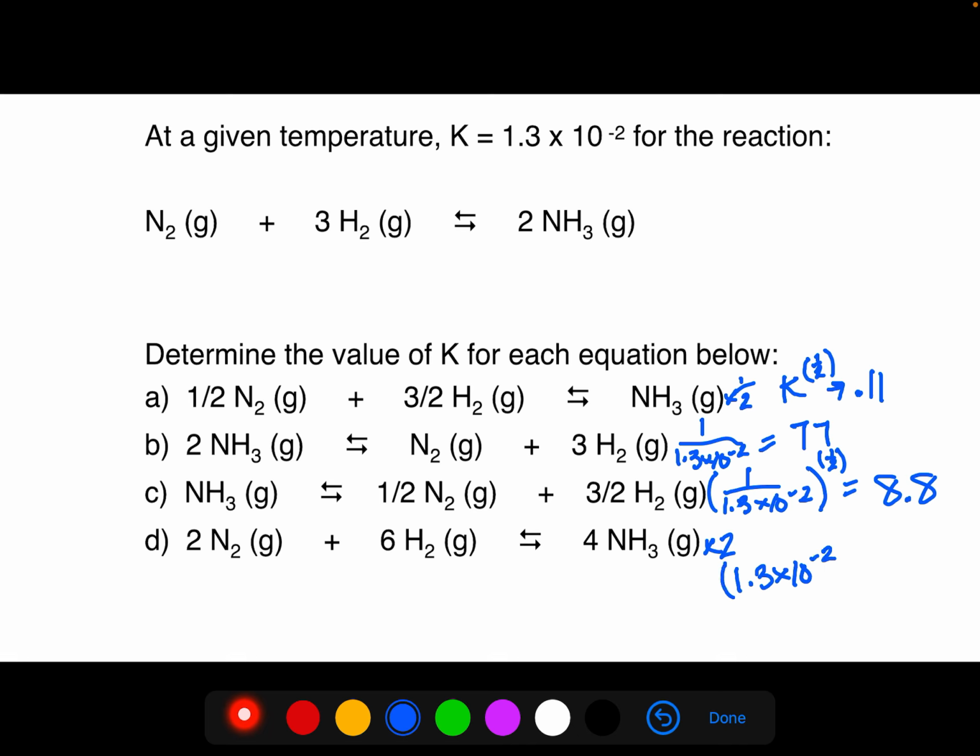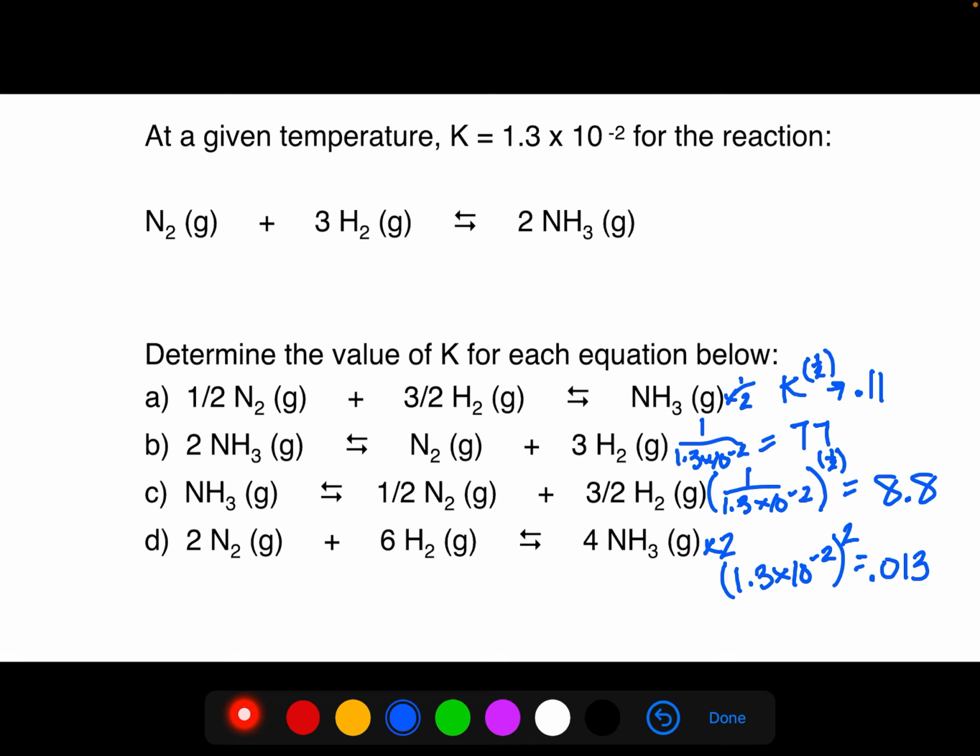So we're going to do the 1.3 times 10 to the negative second squared. Sorry guys, I hit the wrong button. So that is going to end up being 0.013, keeping it to 2 sig figs.